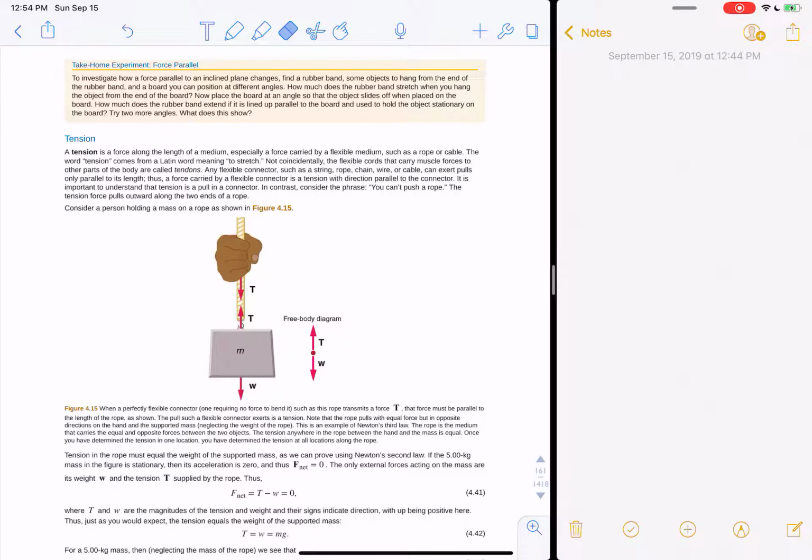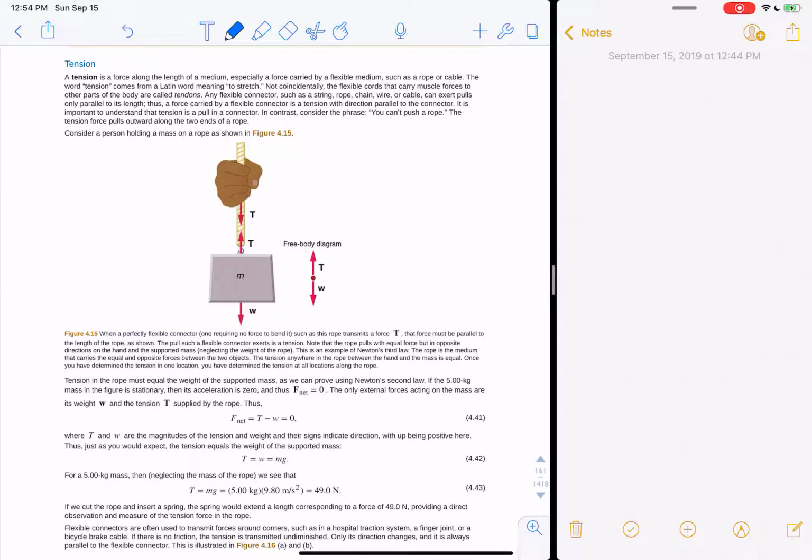All right, so tension is another force that we use all the time, and most of the time you're ignoring some of the tensions. So for example, you've got some guy holding on to a rope, there's a tension up and a tension down. That's not what we care about. We don't care about this other tension up here. We care about that system.